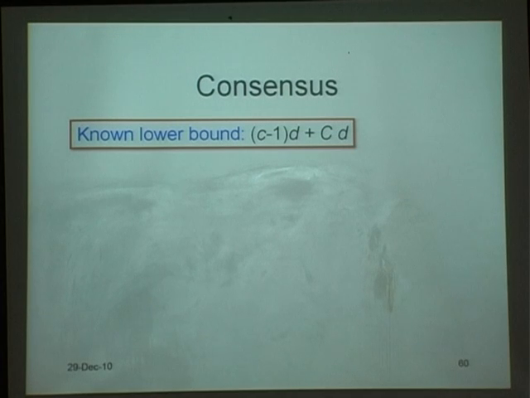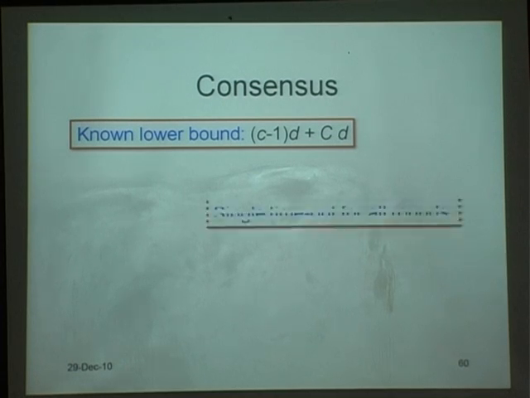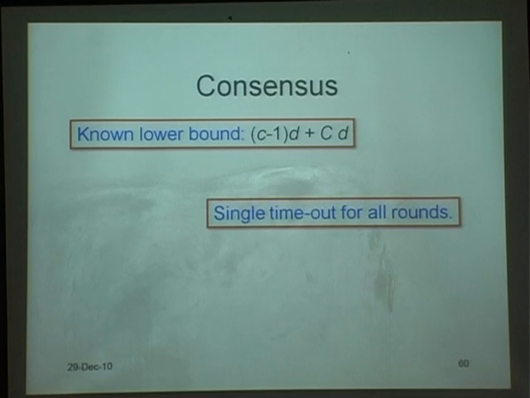So there's a lower bound, which says that you have to have at least one timeout, which is the C times D, and everything else you can run basically as fast as possible, meaning you just send messages which take time D to arrive. So that's the lower bound, and that says that you can in some sense have a single timeout for everyone.